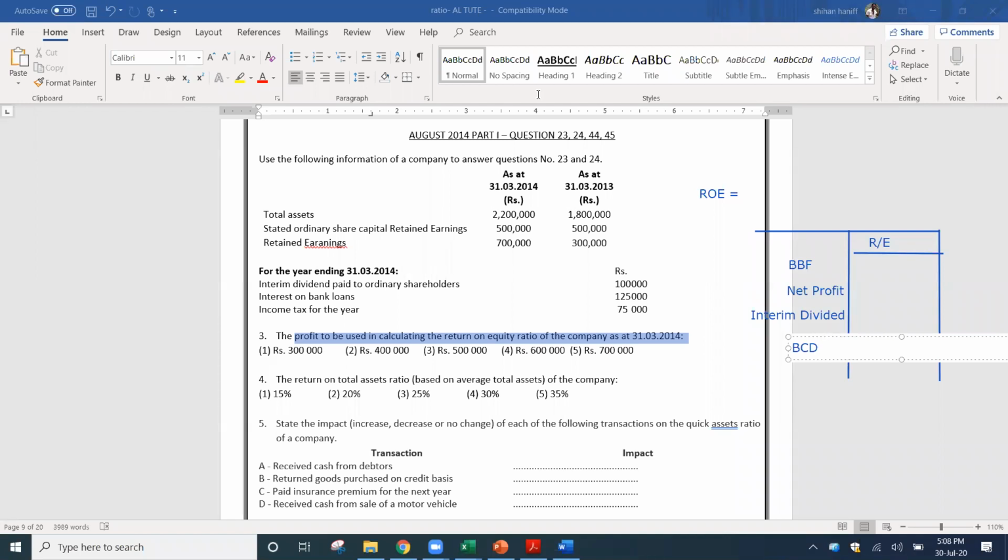According to the question, our retained earnings at the beginning is 300,000 and at year end it is 700,000. There is also an interim dividend paid to ordinary shareholders, which is 100,000.